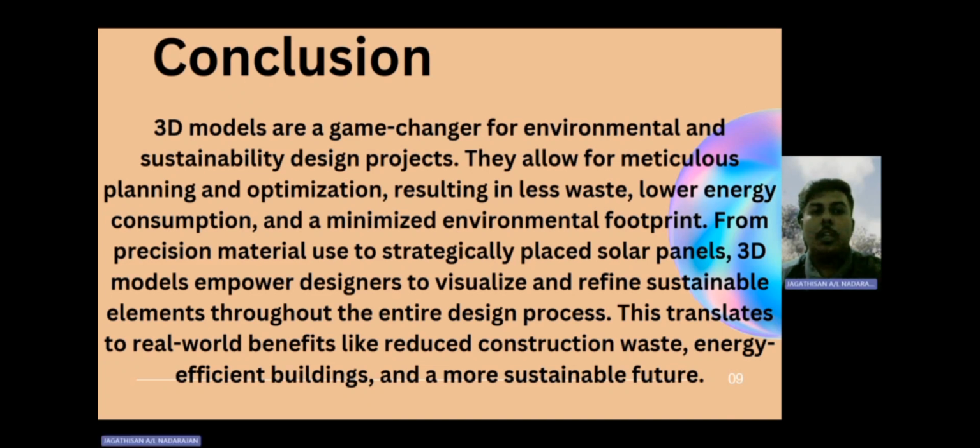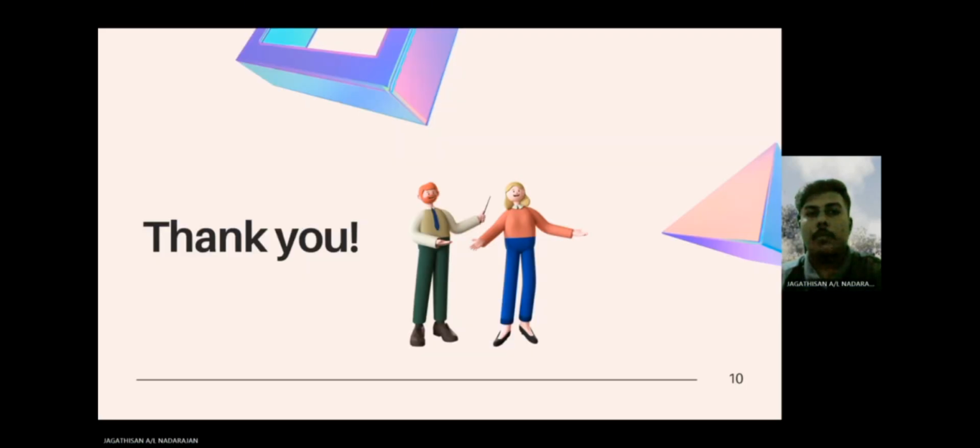From precision material use to strategically placed solar panels, 3D models empower designers to visualize and refine sustainable elements throughout the entire design process. This translates to real world benefits like reduced construction waste, energy efficient buildings, and a more sustainable future. Thank you.